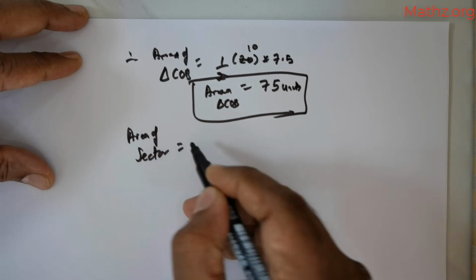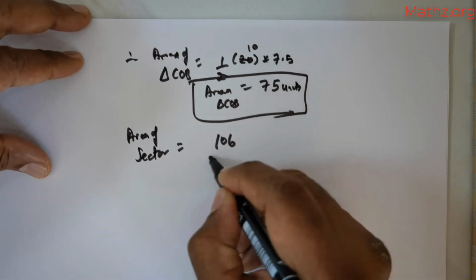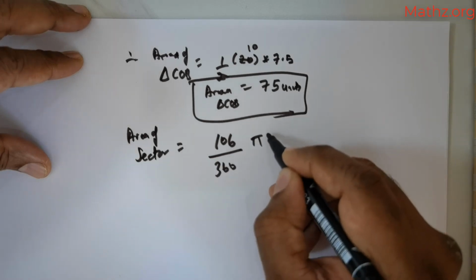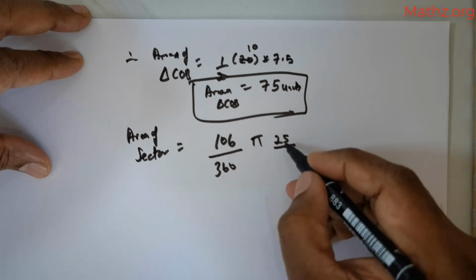Now we have to find the area of the sector. The area of the sector is equal to the angle, 106, divided by 360, multiplied by pi, multiplied by the radius squared.